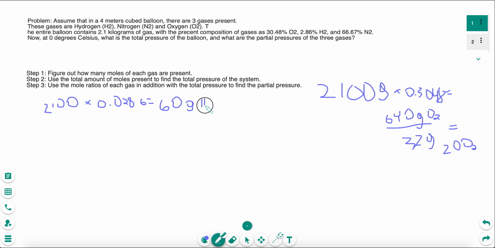Now the molecular weight of one hydrogen atom is 1 gram. So since hydrogen gas is a diatomic molecule, that means the gas's molecular weight is 2 grams. So we do 60 divided by 2 grams, which gives us 30 moles of hydrogen that is present.